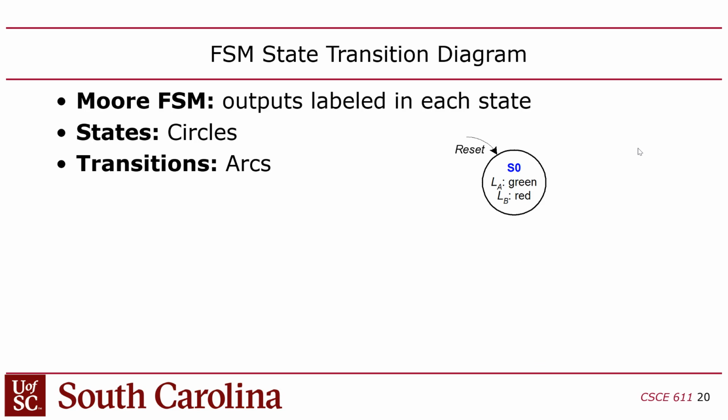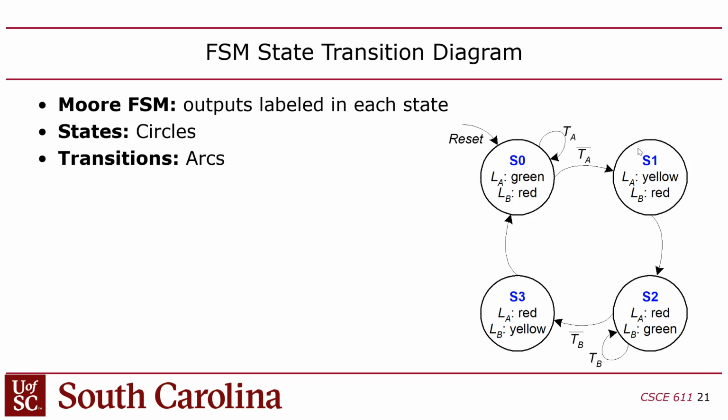In order to build a finite state machine, you have to think of what states the system could be in. And then you're storing the current state value in a memory, in flip-flops, in registers. So we end up with 4 states here that the system could be in, where you can have a green light on one street and a red light on the other street, or vice versa.